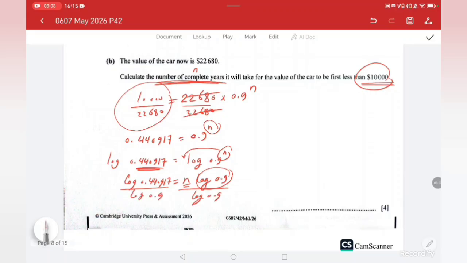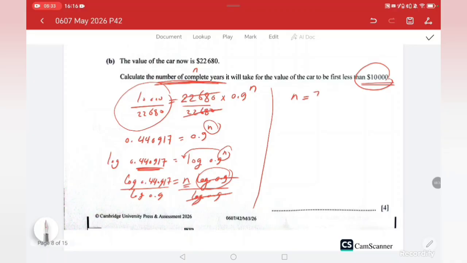This will give you the exact value of n for the value to be exactly 10,000. So n equals, let's use the calculator, log of 0.440917 divided by the log of 0.9.